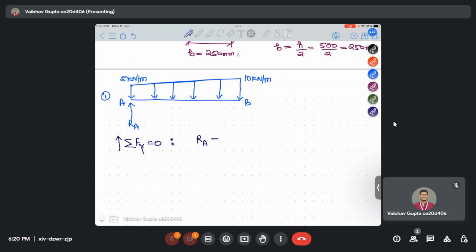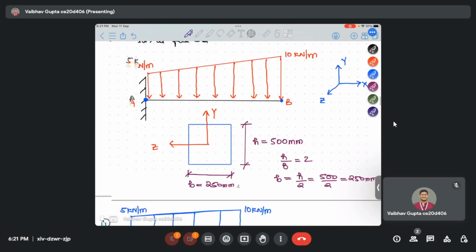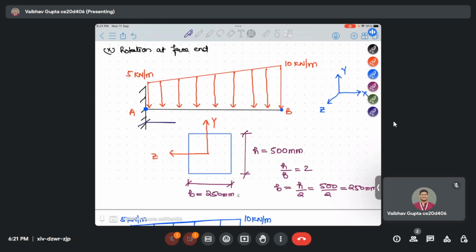What is the area of the trapezoid? Half into the sum of parallel sides, which is 5 plus 10, into length. The length given in the question is 10 meter.